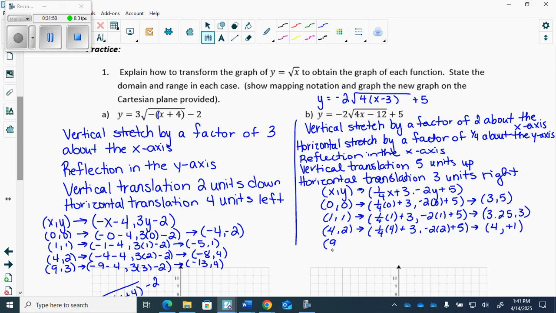And then (9, 3) becomes (1/4 times 9 plus 3, negative 2 times 3 plus 5). 9 divided by 1/4 is 2.25 plus 3 is 5.25. And then negative 1.